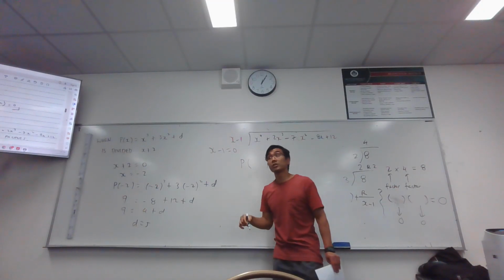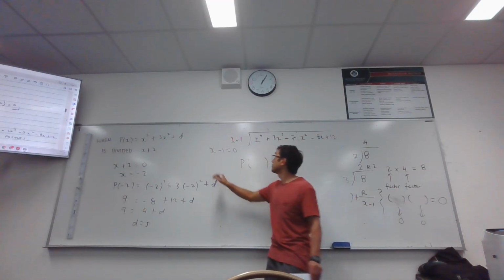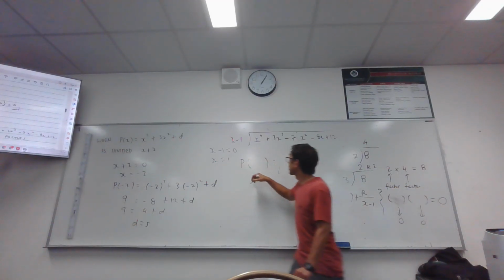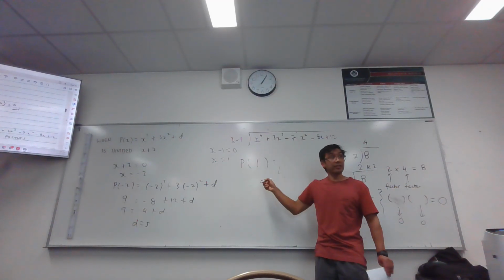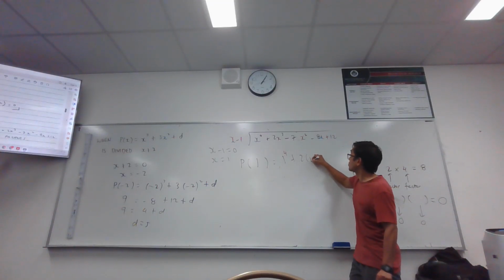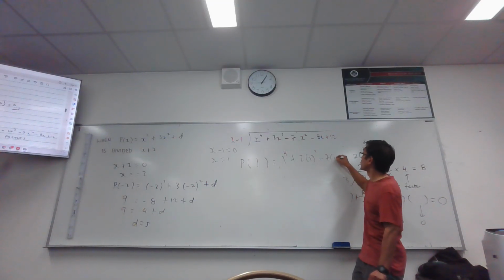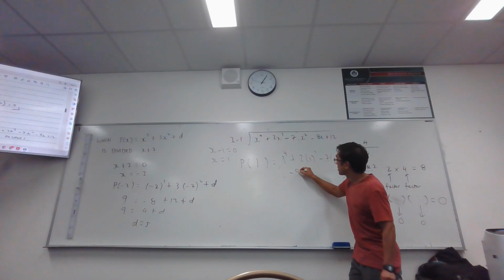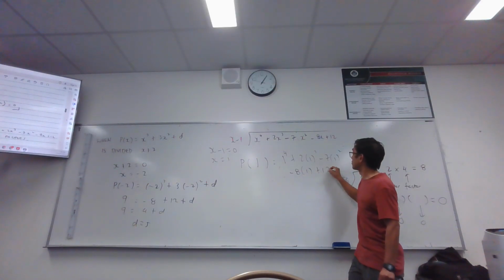It's going to make it equal to 0. What's my x going to be, Zay? Just 1. We're going to punch a 1 in here into our equation, 1 to the 4, plus 2 times 1 cubed, minus 7 times 1 squared, minus 8 times 1 plus 12.